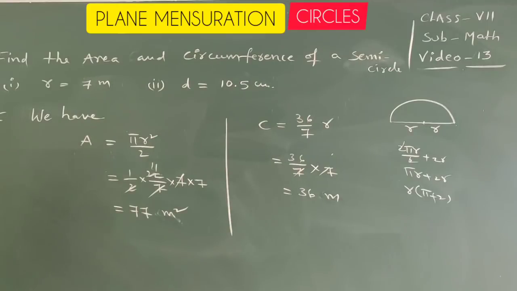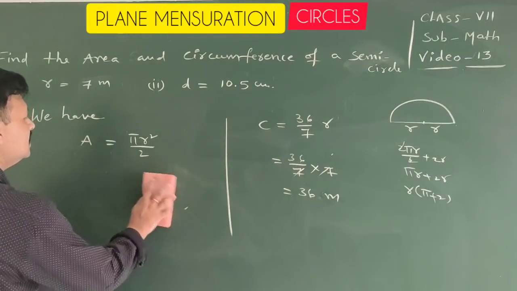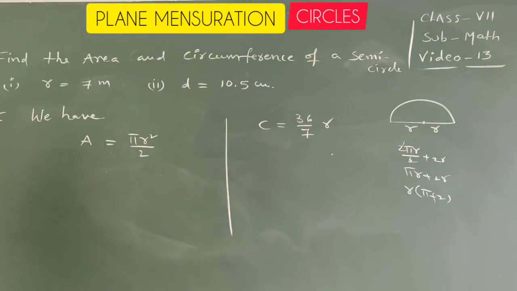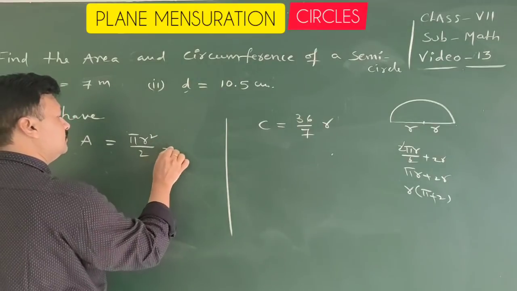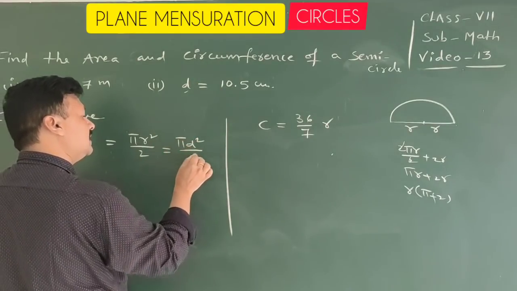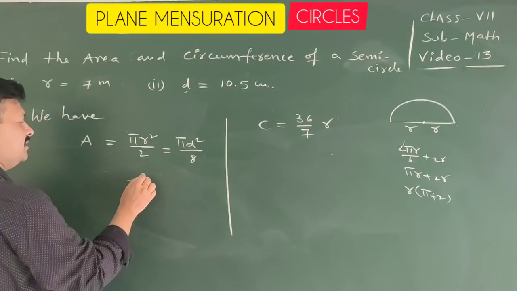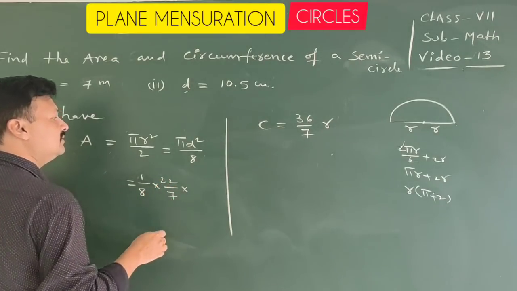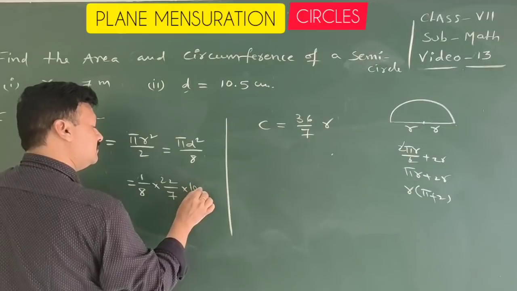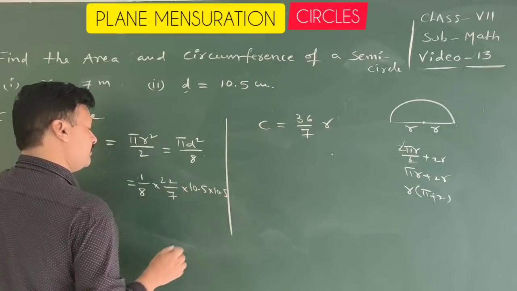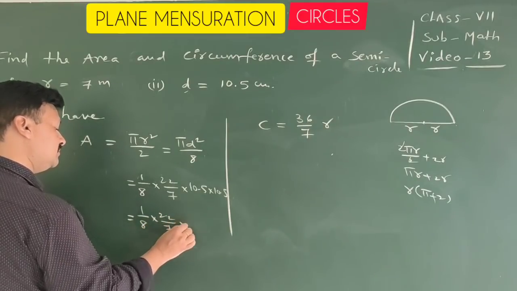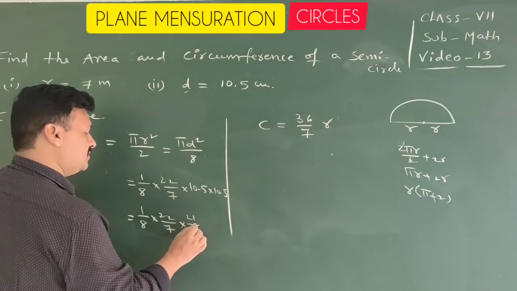Next, in case of diameter, second law, 10.5 d. So here pi d square by 8. Here pi means 22 by 7, 1 by 8 into 22 by 7 into d, here 10.5 into 10.5. 1 by 8 into 22 by 7 into 10.5, that is 21 by 2.